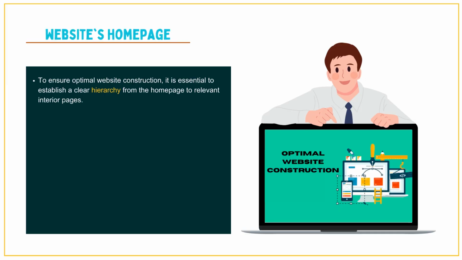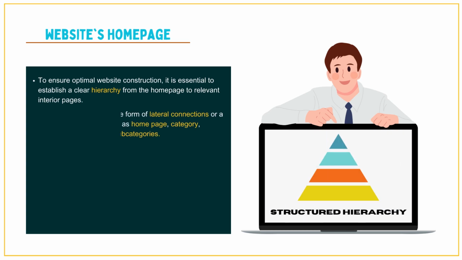To ensure optimal website construction, it is essential to establish a clear hierarchy from the homepage to relevant interior pages. This hierarchy can take the form of lateral connections or a structured hierarchy, such as homepage, category, subcategories, and sub-subcategories.